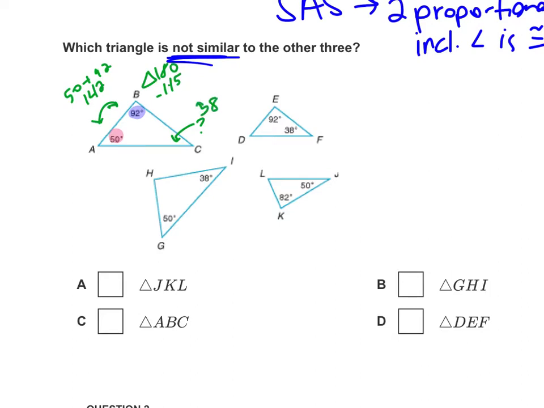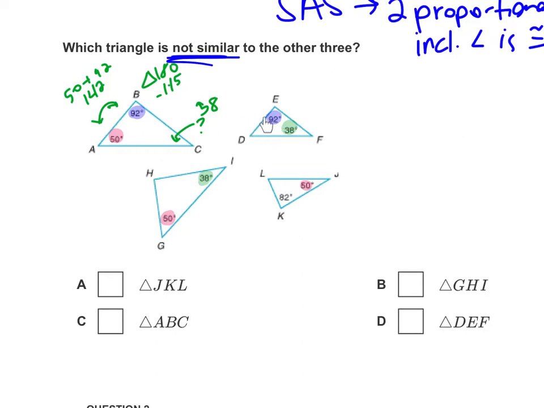Okay, so now that I have my first triangle completely solved for, I'm just going to compare it to each triangle that's given. So I will color code these for you. Anything that has a 50-degree angle will be red, any 92 will be blue, and a 38 will be green. Okay, so by angle similarity, I know I have to have two congruent angles between our two triangles.